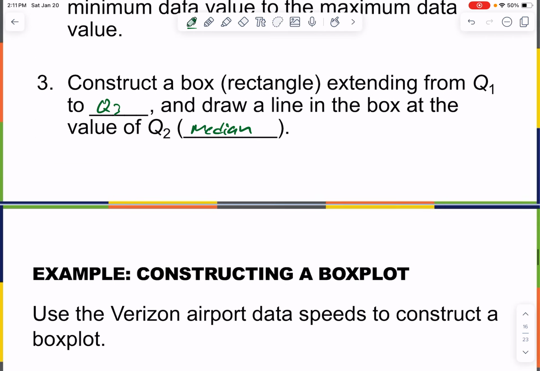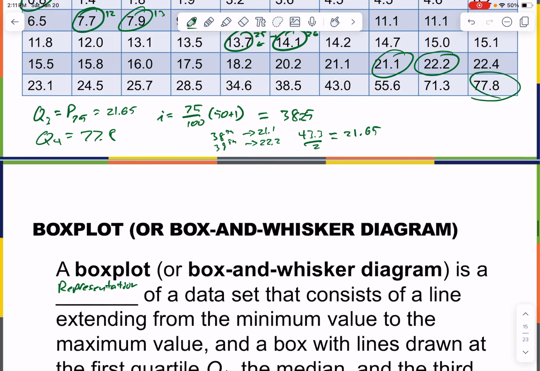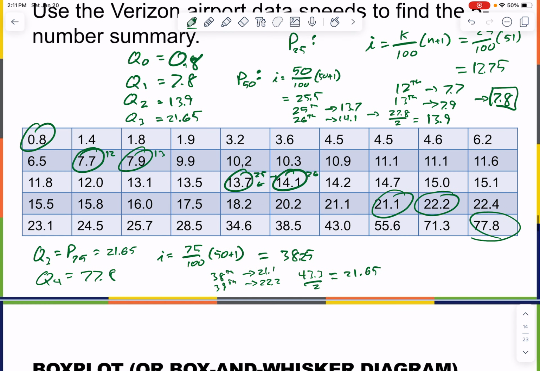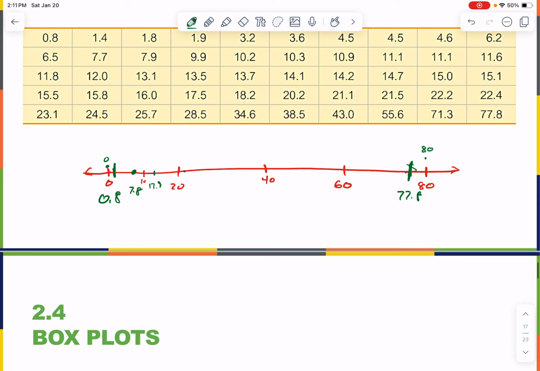13.9. And then where's the third quartile? The third quartile is going to be 21.65. So that's pretty close to 20. Put that right there. 21.65. All right, so I'm going to draw my box now.